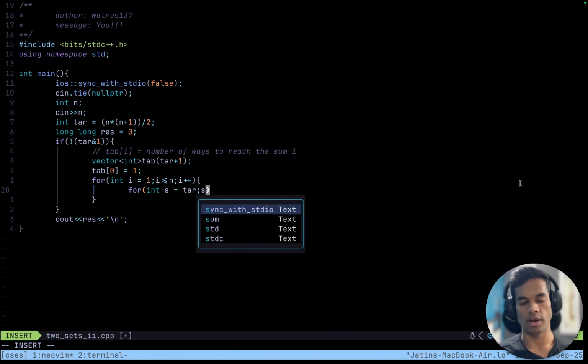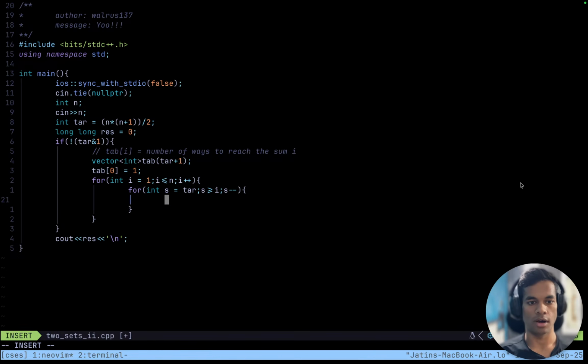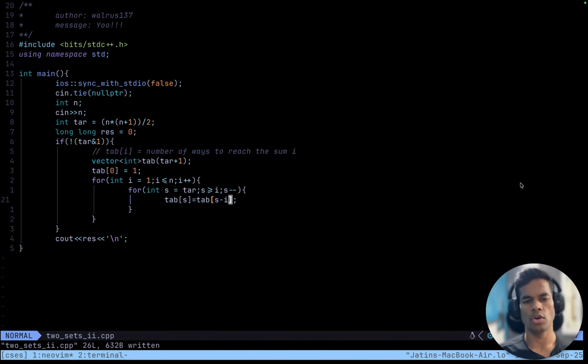We will do this while s is greater than or equal to I. If s is smaller than I, then we won't be able to use this current ith coin to get to this sum, because this sum is smaller than I. We cannot do that. Now we are going to update: tab s is going to be tab s minus I, not equal to, but plus equal to.